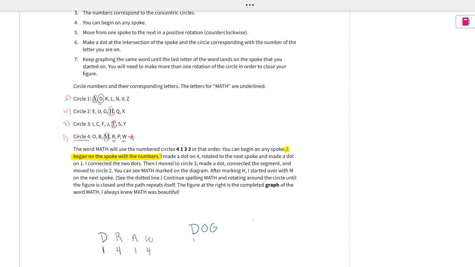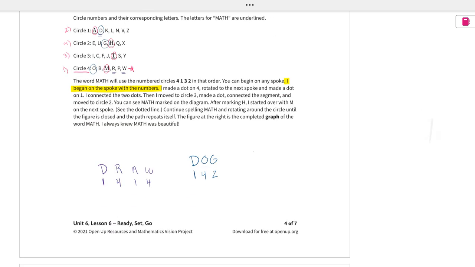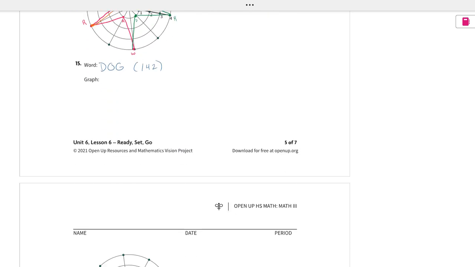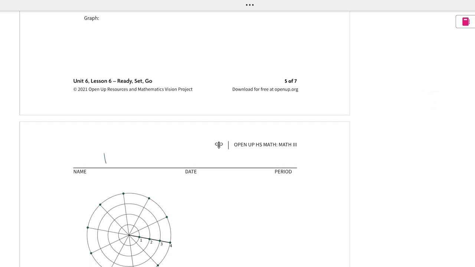So D is dice 1, O is dice 4, and where's our G? G is dice 2. Good. So we're on 3 different dice. So dog is 1 4 2. Let me rewrite that down in front of our graph as well.